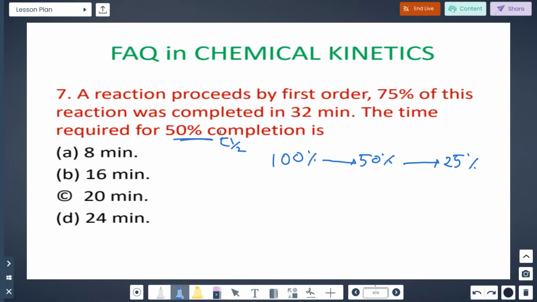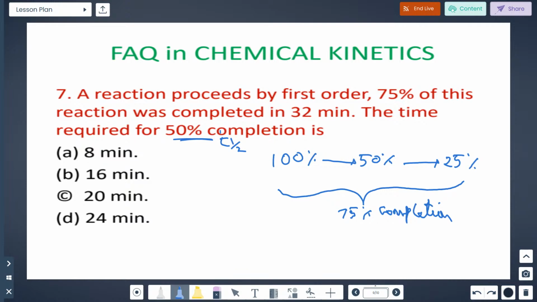75% of this reaction was completed in 32 minutes. When the reaction goes from 100% to 25%, the meaning is 75% completion. That's the meaning. Understood?